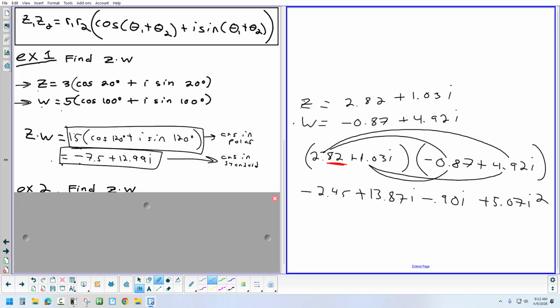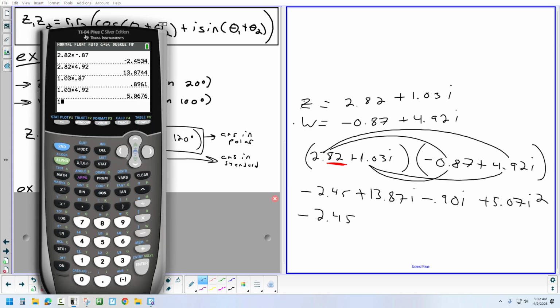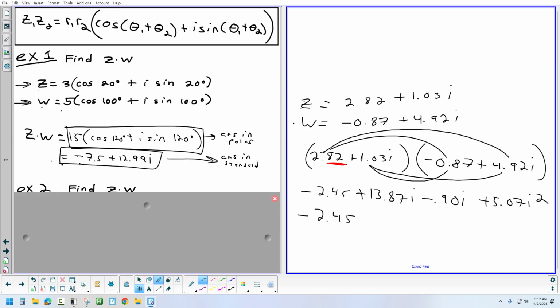All right, now let's combine like terms and see what we get. So negative 2.45, and then I'm going to add 13.87, and I'm going to subtract 0.9. So 13.87 minus 0.9, and I get 12.97, and over here I get 12.99, just because of rounding.